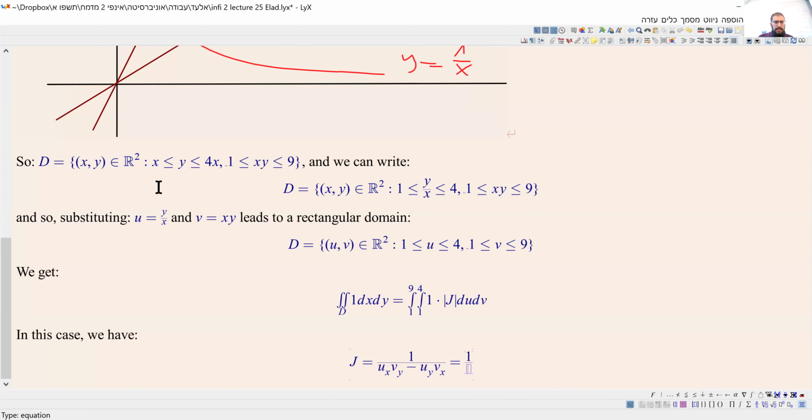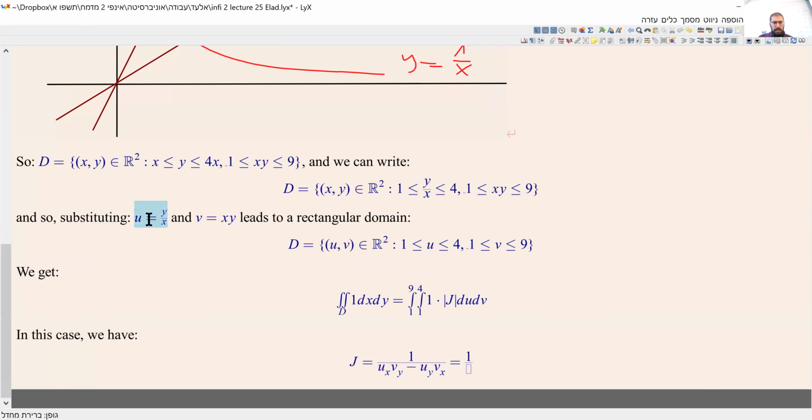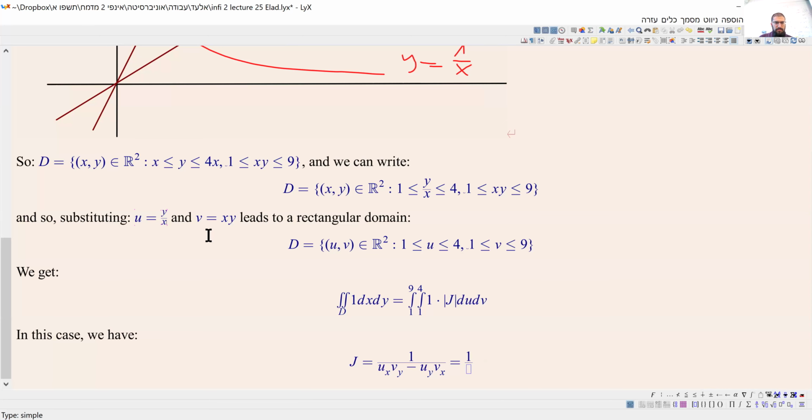The derivative of u by x: as usual, when I have x in the denominator, I write it as x to the power of minus 1. So the derivative of u by x is minus y times x to the power of minus 2, multiplied by the derivative of v by y, which is x.